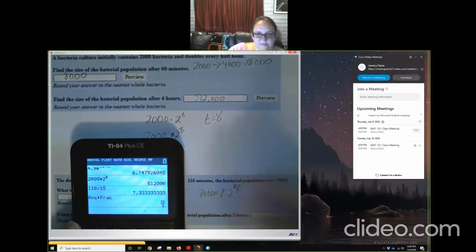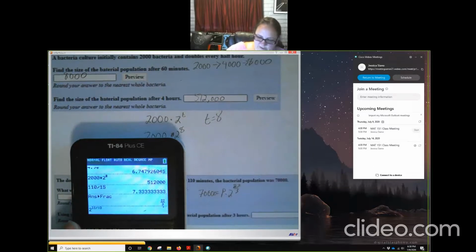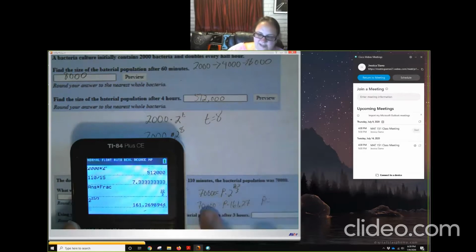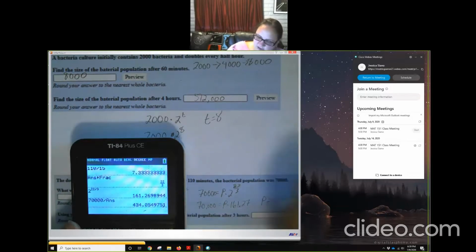There you go. So 2 to the 22/3 is 161.27. So then my initial population would be 70,000 divided by that. So my initial population was 434.